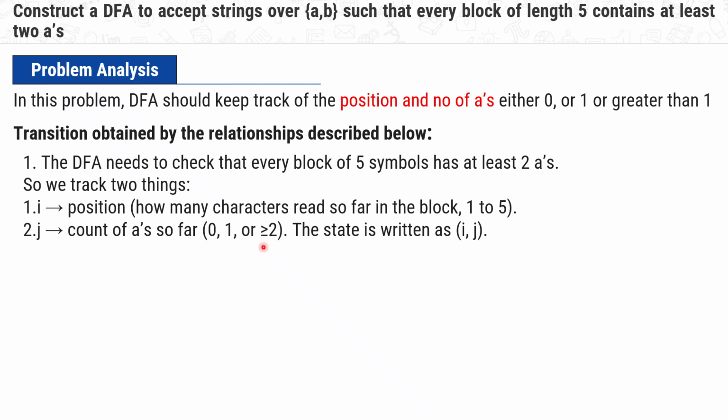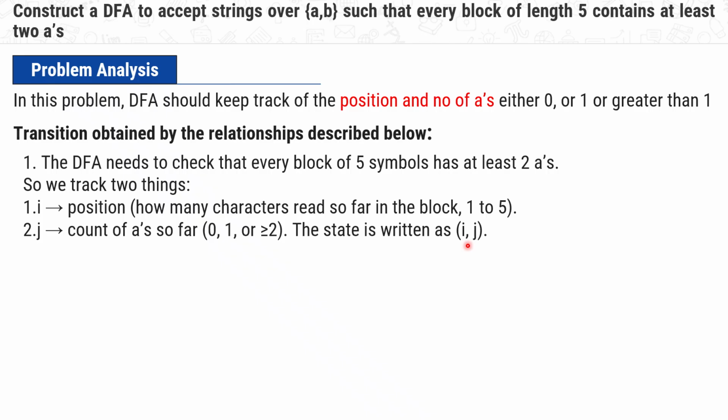The state is written as I comma J. These two, remember, you use the Cartesian product to prepare the pair of states.